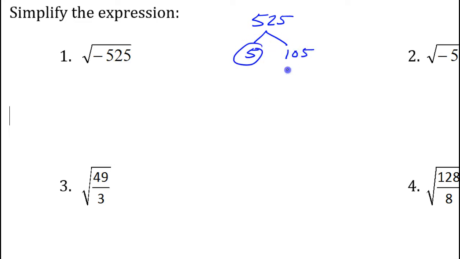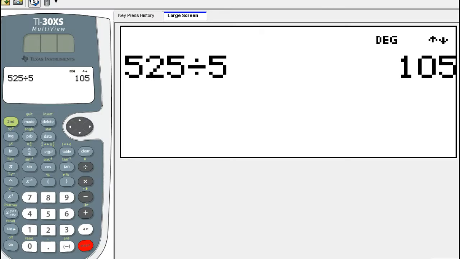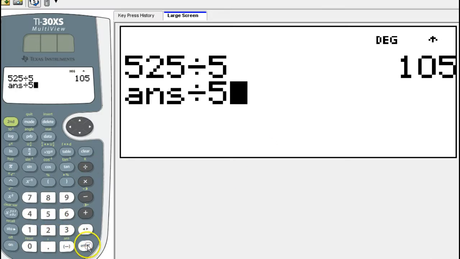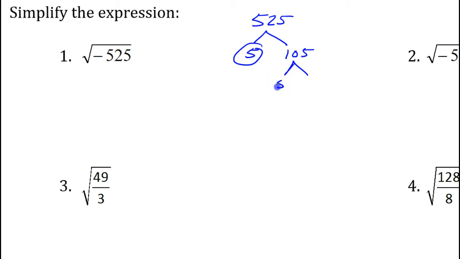Now this is a prime number. Now I can keep going here. 5 divides into this evenly, so I can take my 105 and divide by 5 again, and that's 21. So this is going to be 5 times 21, prime number. Now 21, this is one of our multiplication facts.